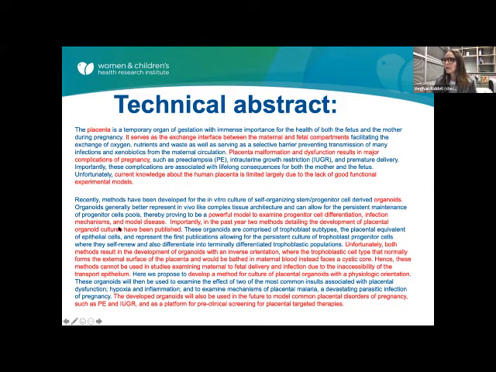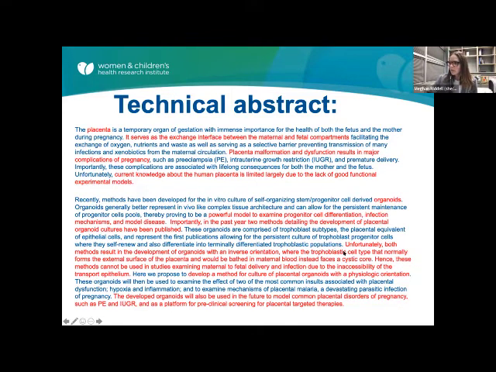You hit on the exchange, the interface between maternal and fetal. So I didn't apparently do a great job of talking about placental malformation and dysfunction. I wanted to talk about how there was a lack of good functional experimental models. And ultimately, we came to the keyword of organoids because that's what this work was about. It's about developing organoid systems.